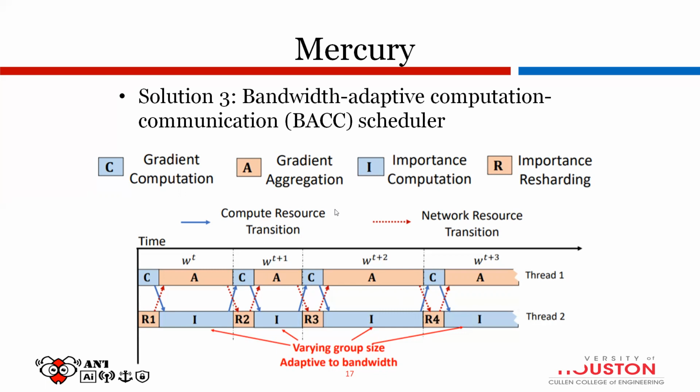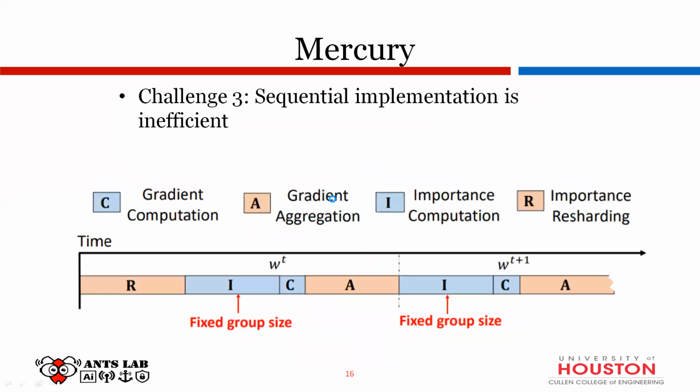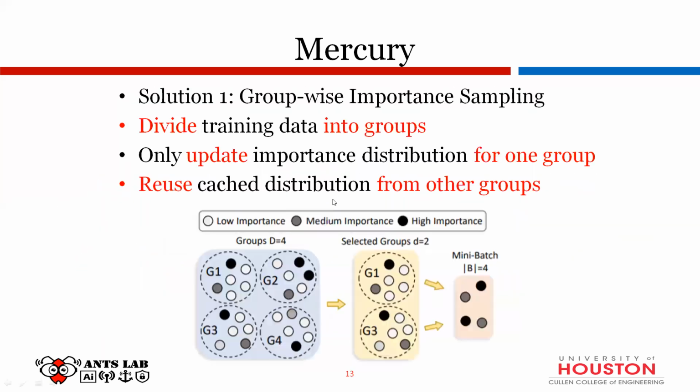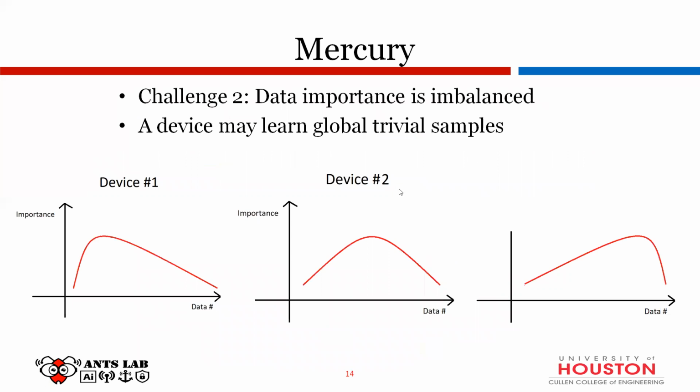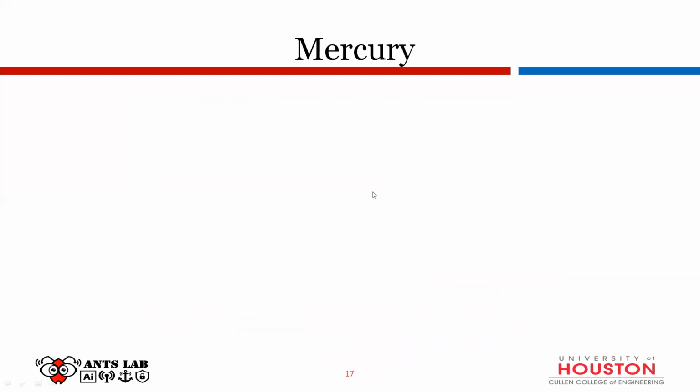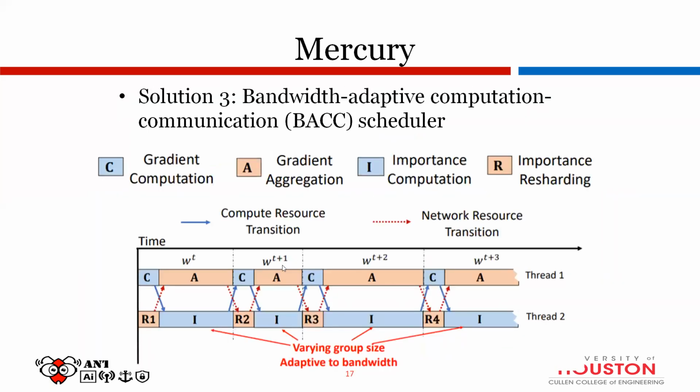At the part we say about importance, at the first one they talk about the group-wise importance sampling. They don't need to always update. You can use the already cached distribution. So in this part, you don't have to wait for it to finish, because there's already a cached importance distribution in the device, right?